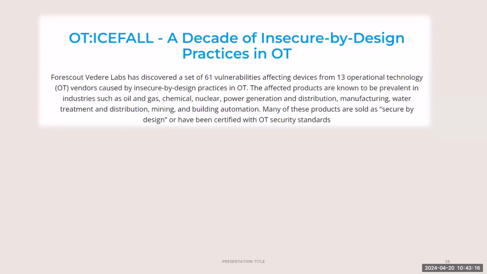And when you say OT, these are the products being used in oil and gas, chemical, nuclear, power generation and distribution, manufacturing, water treatment, mining, building automation.